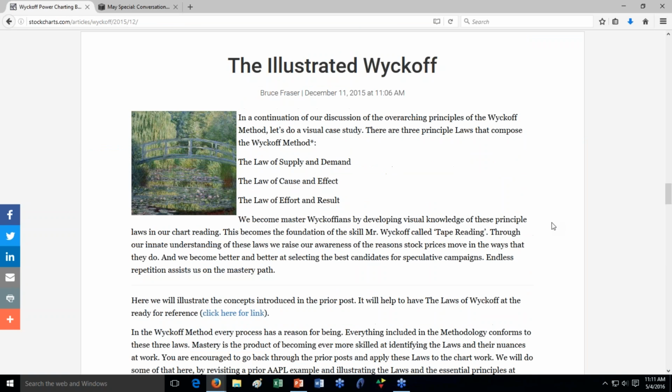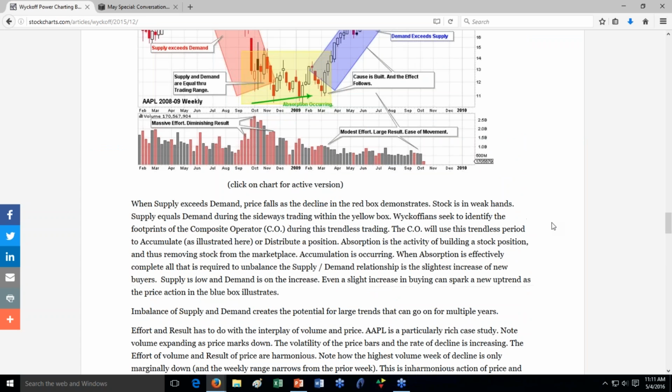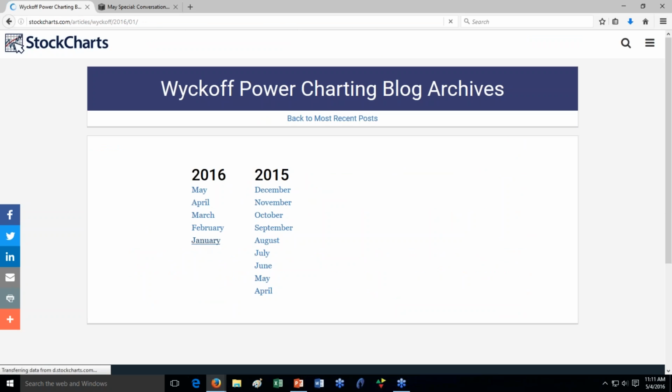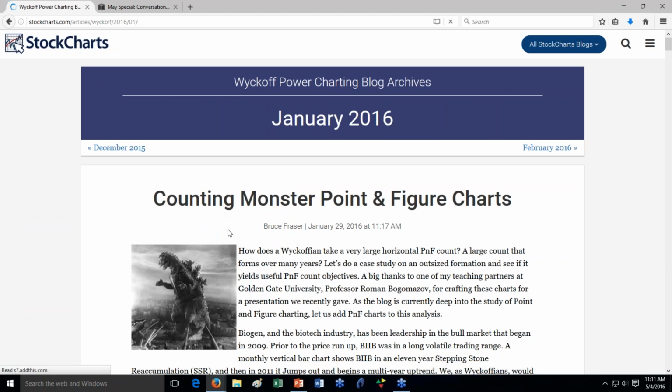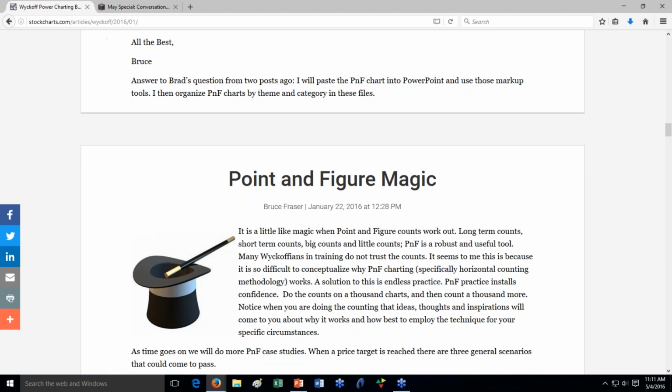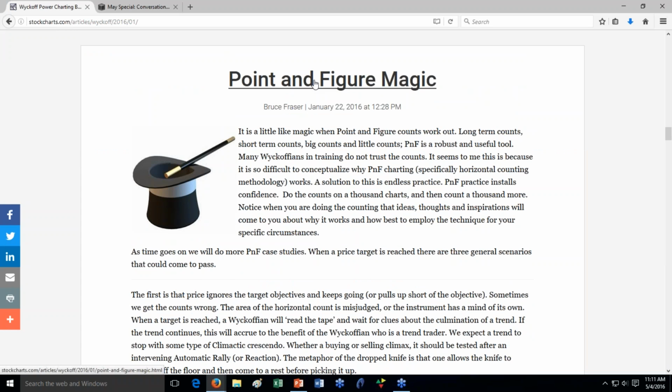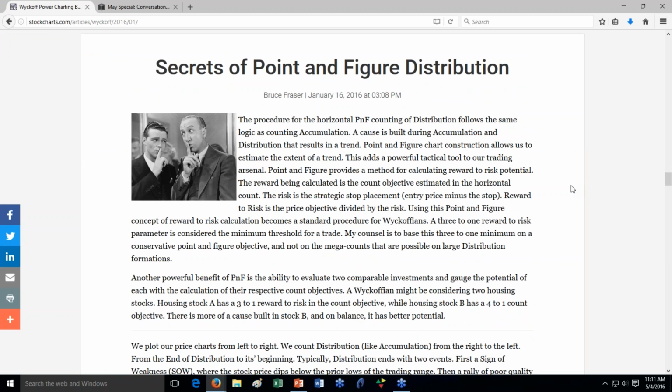January 22nd, P&F magic, point and figure magic, is tips and tricks and guidelines, which is some of the things we talked about today. That's a really good one for just the little nuances of point and figure counting. There's a good one on what I call the point and figure distribution paradox, why you don't want to overcount distribution, and I used an example of Tesla.